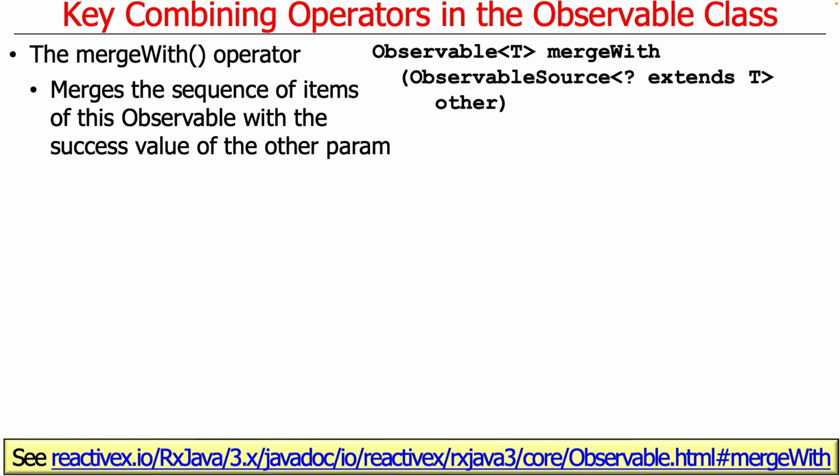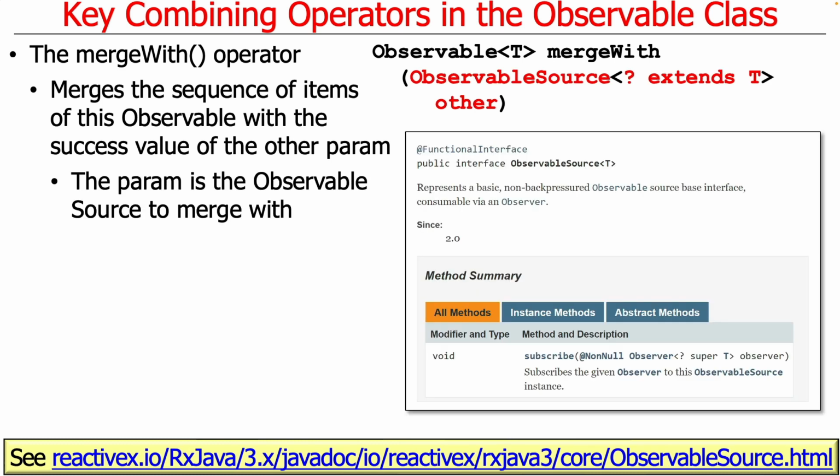The mergeWith operator is a lot more useful. What it does is it merges the sequence of items from the observable prior with the success value of the other parameter. In other words, what comes out. And the parameter that's passed here is the observable source to merge with. So remember, this is a non-static method, so it'll be called on an observable.